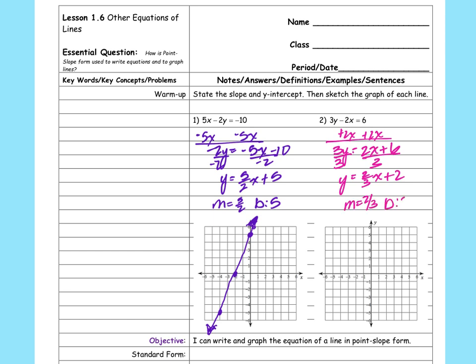My y-intercept is 2. I'm going to start at 2, and I'm going to go up 2 over 3. 1, 2, 3, 2, down, 1, 2, 3, beautiful. And there's my line, okay?